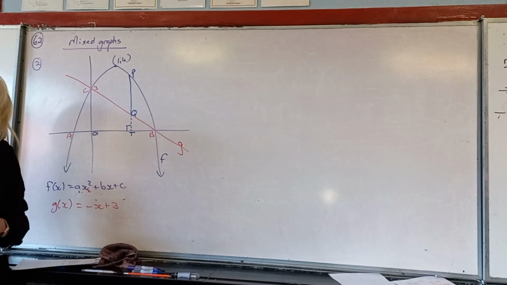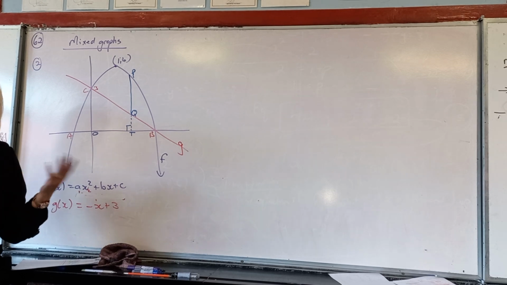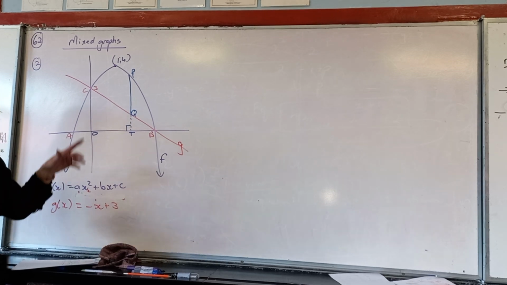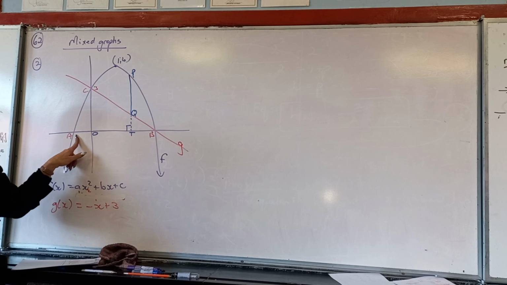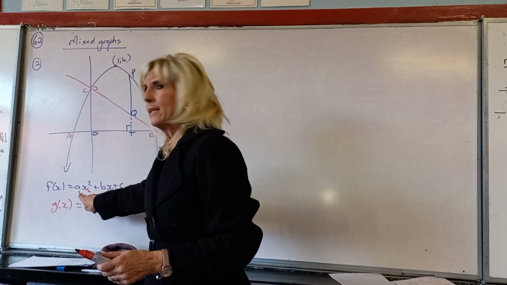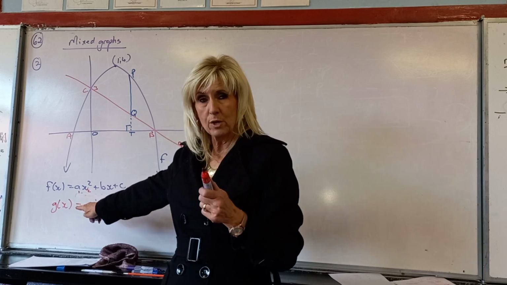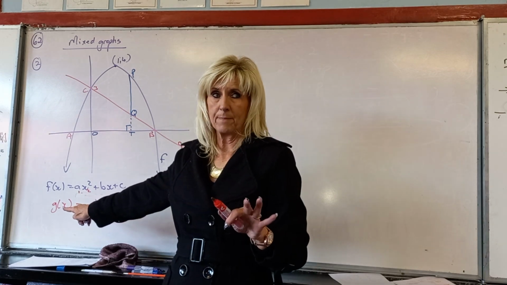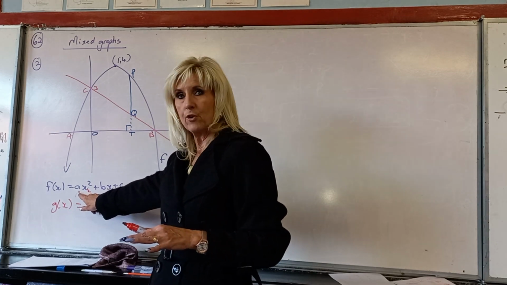Find the average gradient between A and C. Average gradient, what's that? M equals y2 minus y1 over x2 minus x1. Yes, we actually know it from analytical, but here as well and everywhere. So I need A. What is A? Is A now not the one that I talked about? Please guys, small letters, capital letters, not the same thing. Small a is the value that you got there.